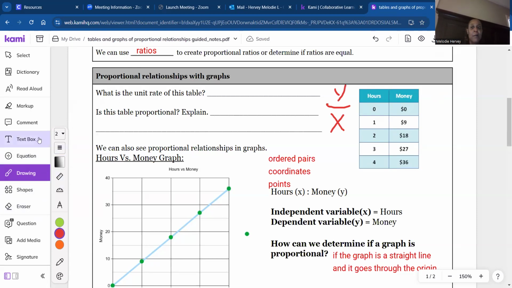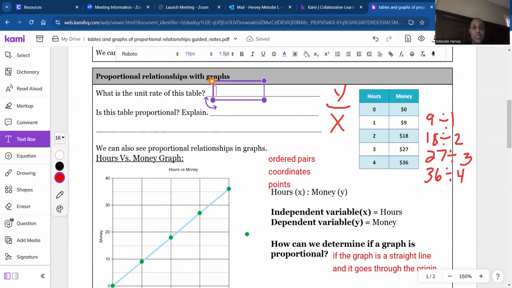Now, over here I would do 9 divided by 1, 18 divided by 2, 27 divided by 3, 36 divided by 4. And when you do that, it equals 9. So the unit rate is $9 per hour.